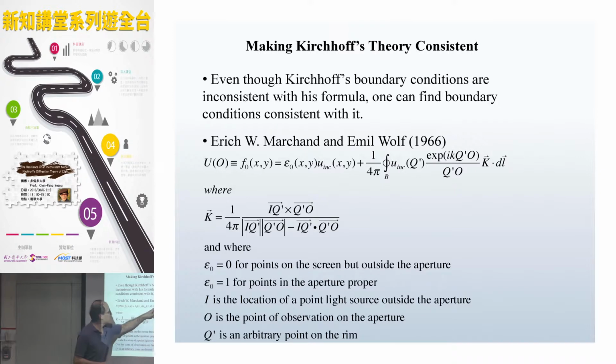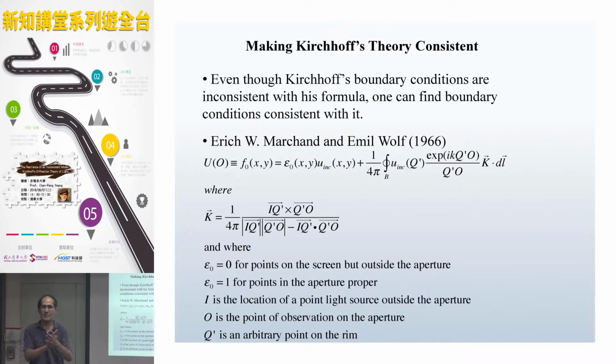So this term actually is in the form of a line integral over the rim of the aperture. So this actually says that, if we consider what really happens on the screen and aperture, it should contain not only the direct, geometrical optics contribution as Kirchhoff imagined, but also this diffraction contribution from the edges of the aperture.